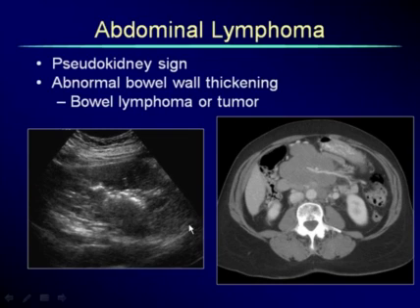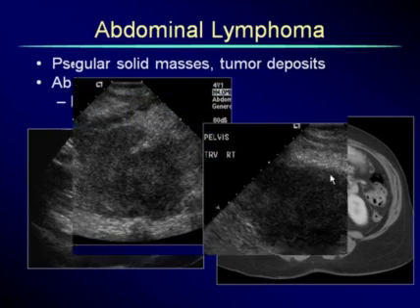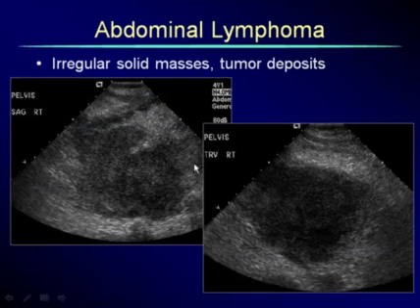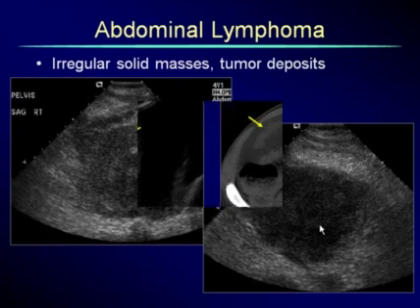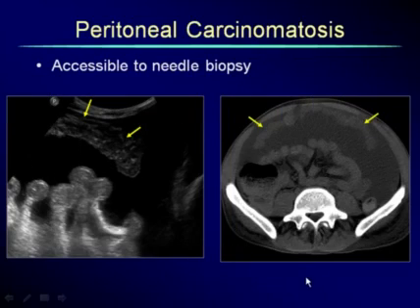That's what gives us that pseudo-kidney appearance. Here it is on CT, these large lymphomatous nodes blending together, this mass-like appearance, and compression of the central mesenteric vessels. So bowel lymphoma, mesenteric lymphoma can do this. Sometimes small bowel tumors can do this. Otherwise, lymphomas might be just nondescript masses in the abdomen and pelvic area.